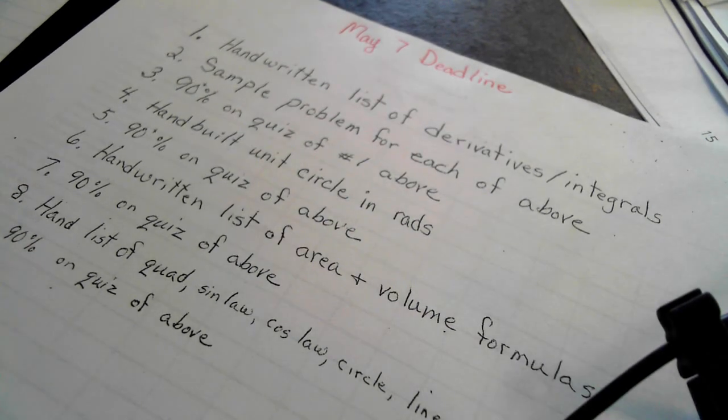Then a similar thing with the unit circle. It's got to be in radians. Be handmade of your own. You can get these on the internet anywhere, and that's fine to use as a guide, but you've got to make your own. And I want it to show all 16 spots, sine, cosine, and the 16 spots are in radians. What's the matter?